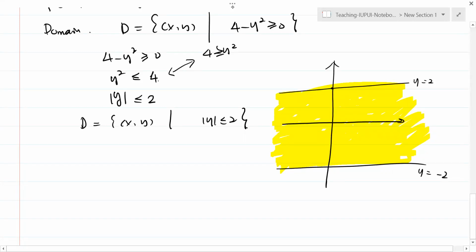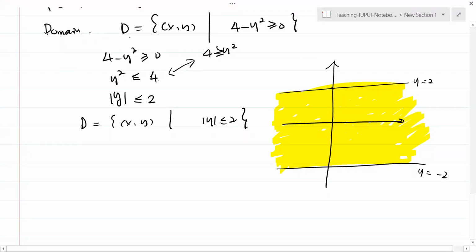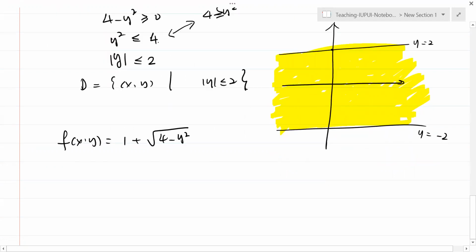Now the difficult part is to understand the range. Look at this function. First of all, the second term is never negative, right? So the function is always equal to 1 plus something that is at least 0.